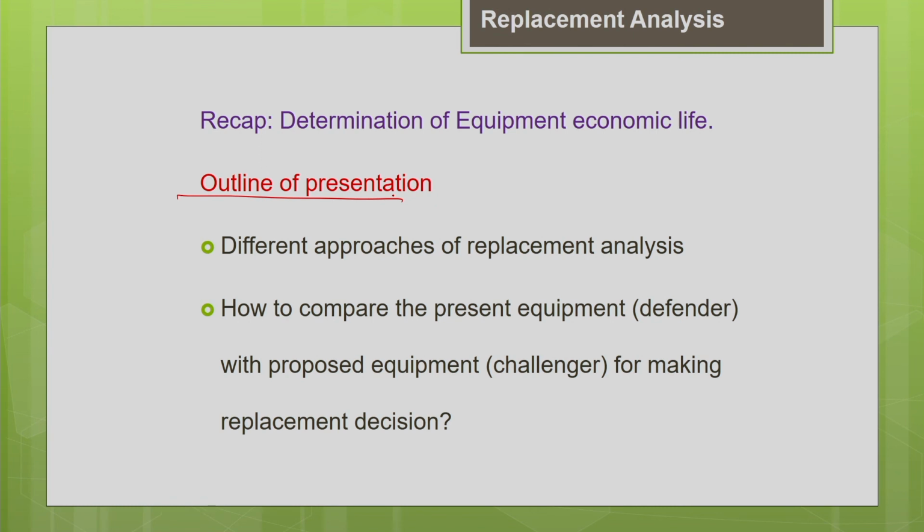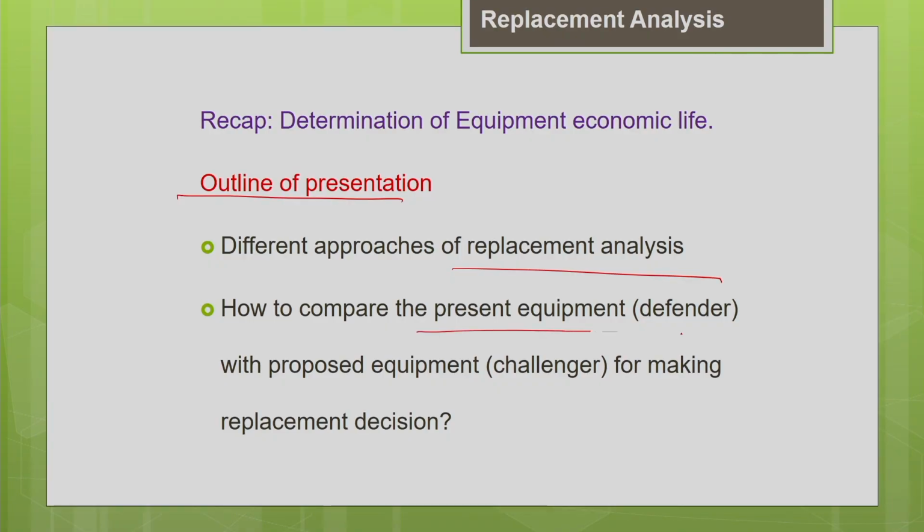In today's presentation, we will be discussing the other approaches available for replacement analysis. Particularly, we are going to compare the present equipment, that is the Defender, with the proposed equipment, that is the Challenger, for making the replacement decision. In the previous lecture we found the optimum replacement time for a particular machine by determining its economic life.